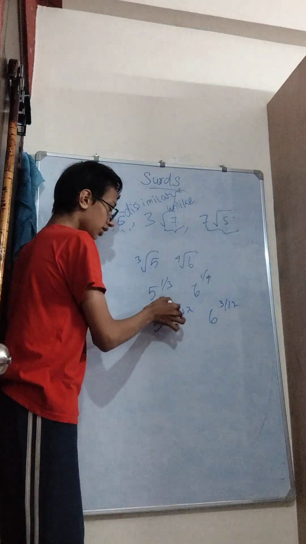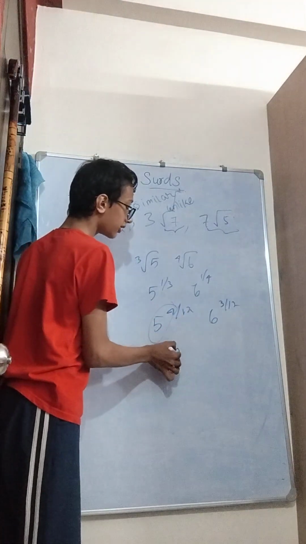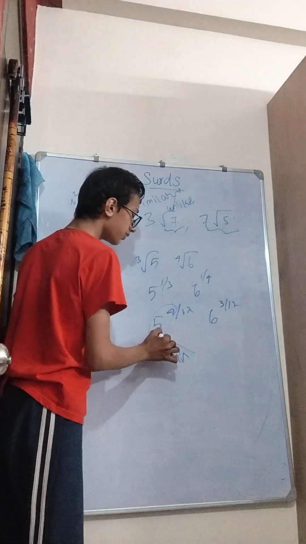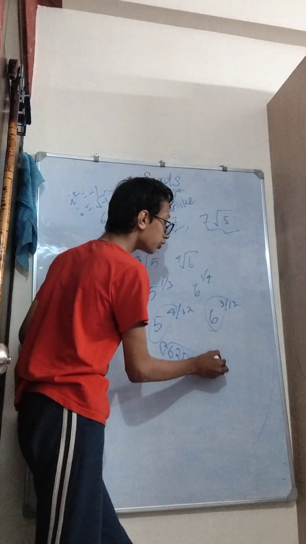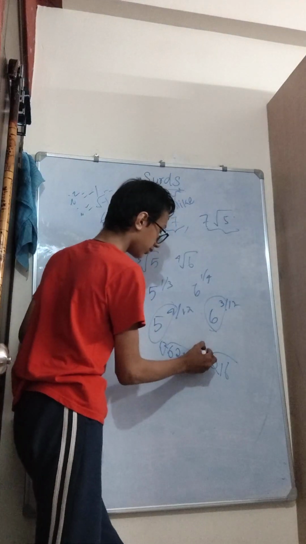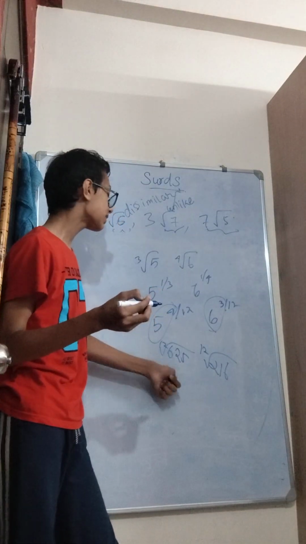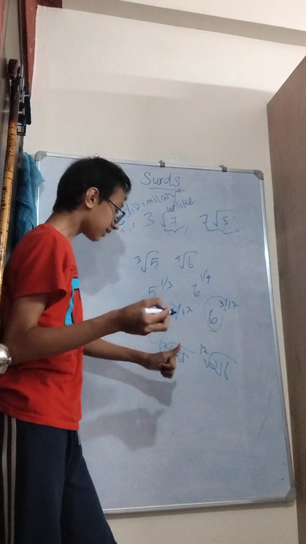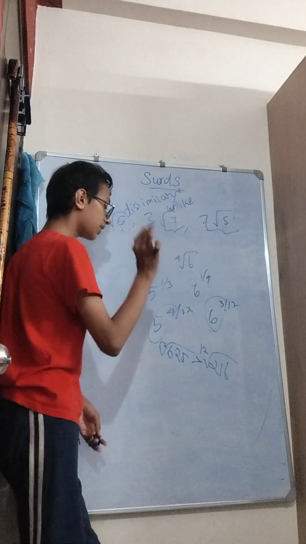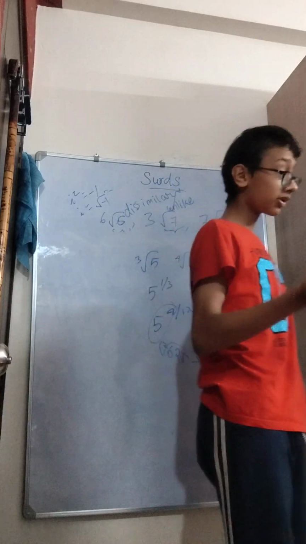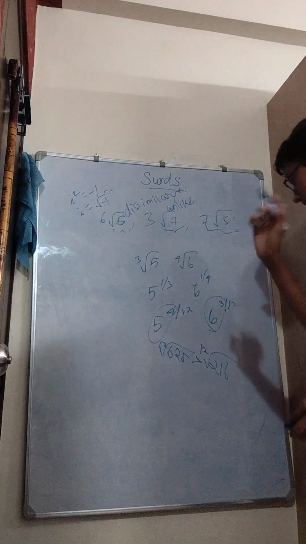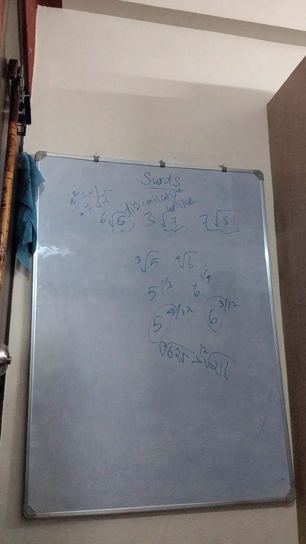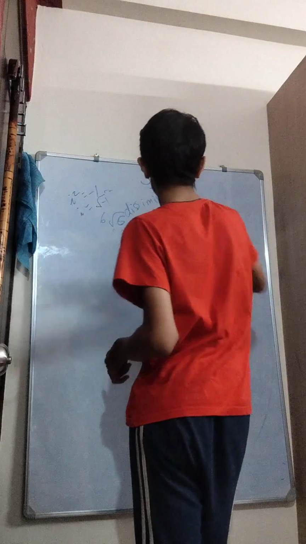Now 5 power 4 is 625 root 12, and 6 cube is 216 root 12. We know 625 is greater, so the 12th root of 625 is greater than the 12th root of 216. I hope you understood this question also.